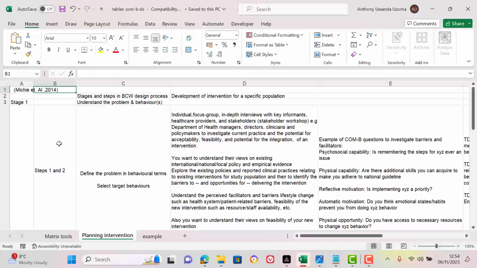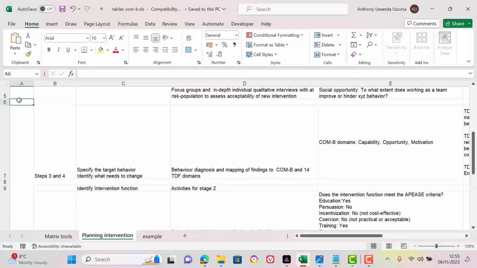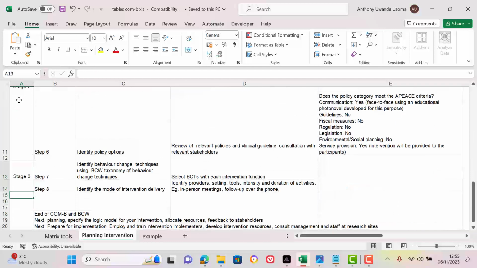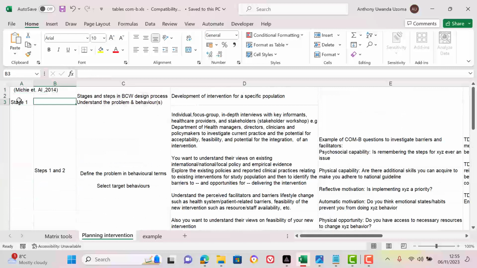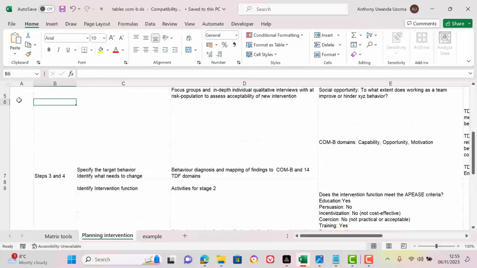So what is the first step in designing an intervention? The first step is to understand the problem and the behaviors. I divided this into stage 1, stage 2, and stage 3.